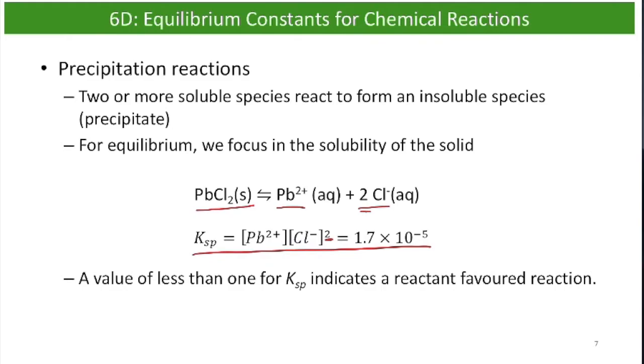If we have an equilibrium constant that is much greater than 1, then that's a product-favored reaction. So we would have lots of products at equilibrium and not very many reactants. Again, remember these reactions are at equilibrium, so we still have that reaction going on. There is some lead chloride dissolving to lead 2 plus ions and Cl minus ions, but some of the lead 2 plus ions and Cl minus ions are also recombining to precipitate into the lead chloride salt.